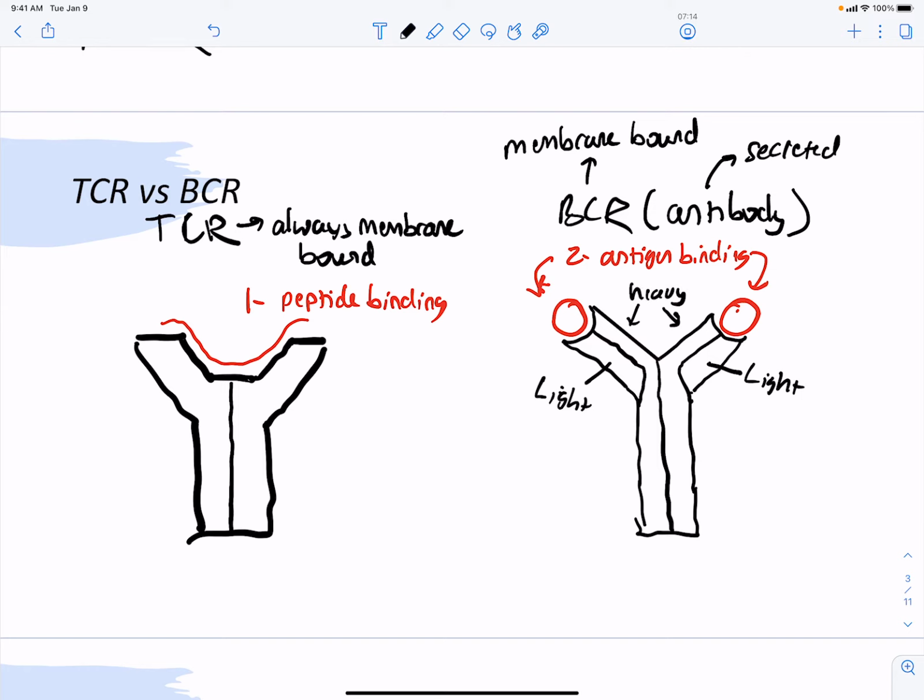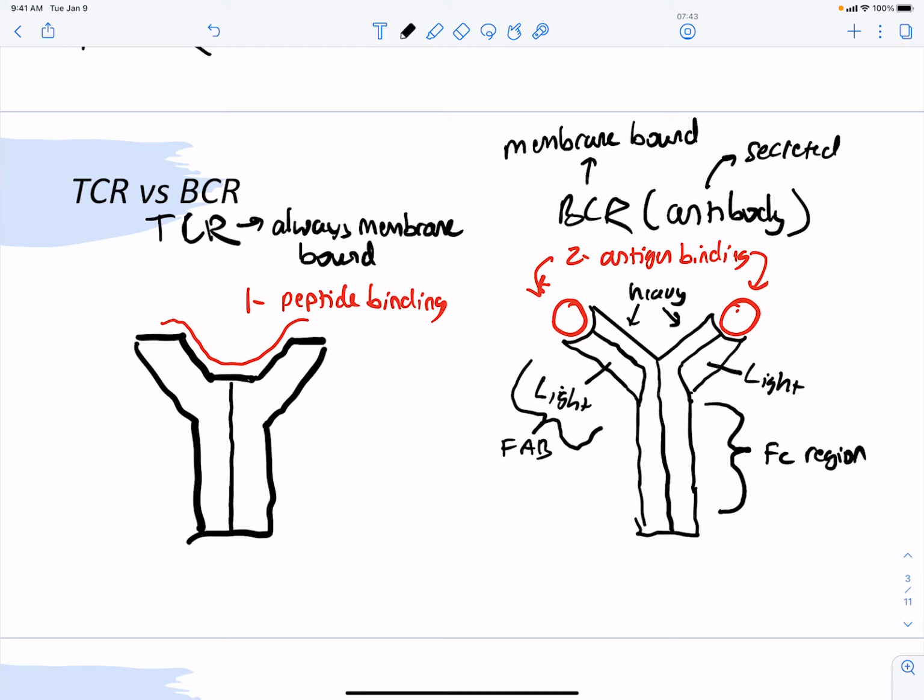And our heavy chains go all the way through the trunk. So we have this region here, which is known as the FC region, and this region here, which encompasses both the heavy and light chain, is known as the FAB region, or the fragment where antibody binds, and the FC is the fragment crystallization. So it was a process of isolating the antibodies, and they got that name.